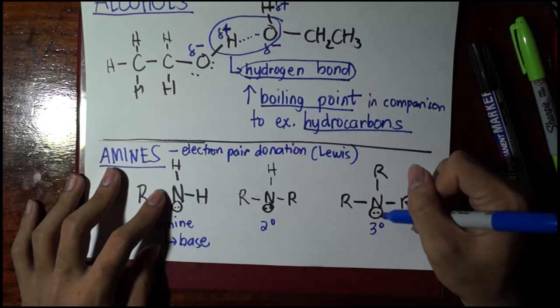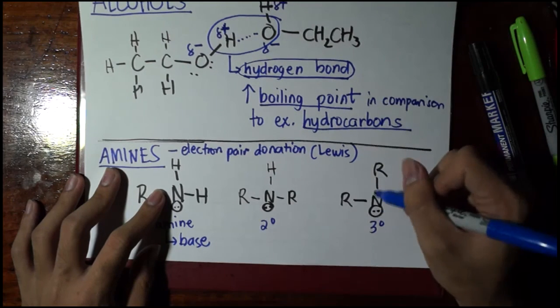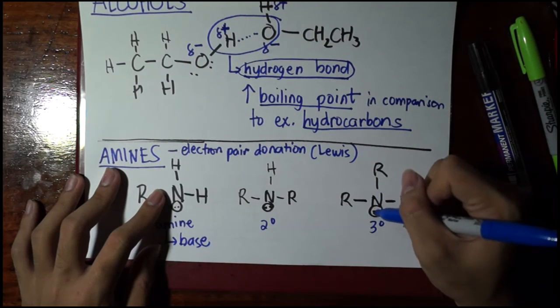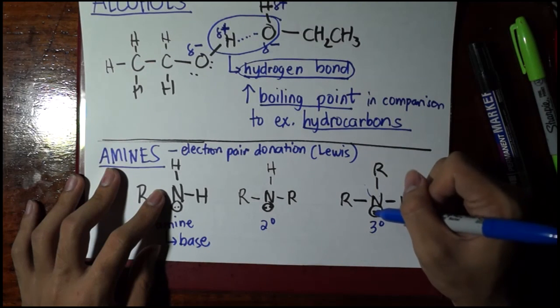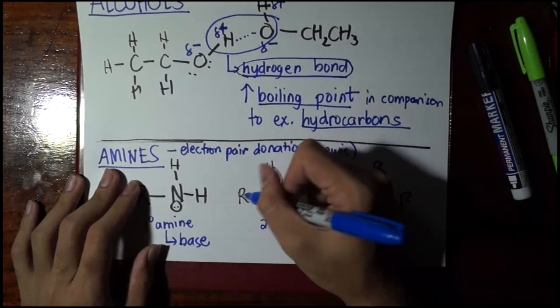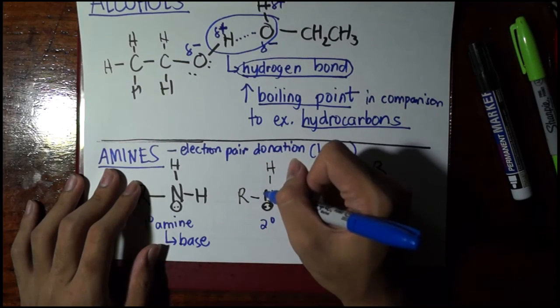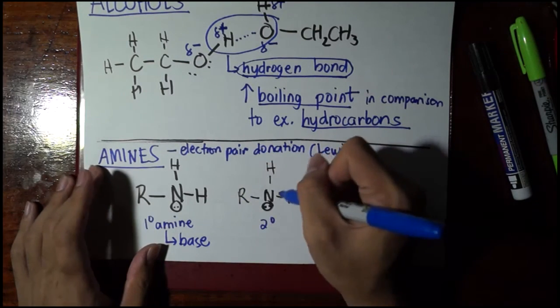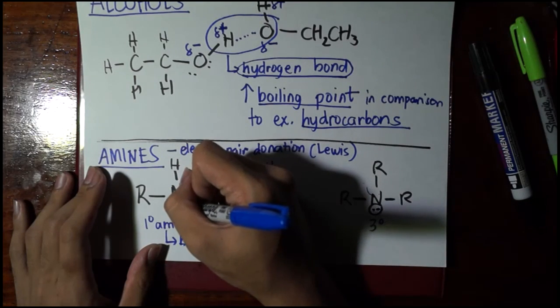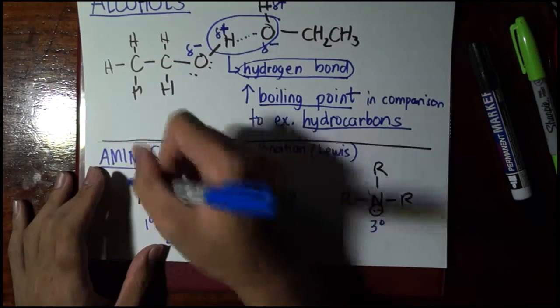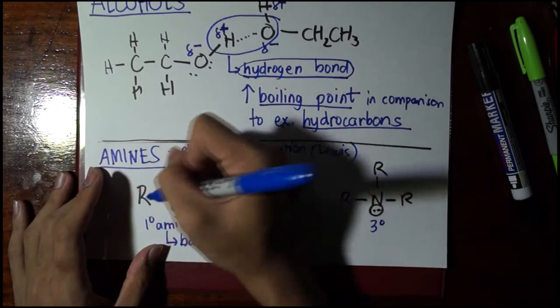It's going to be the one that gives away this electron pair, because nitrogen's like, hey, I can give out this lone pair because these R groups are giving me electrons, so I can let go of it. As compared to this one, nitrogen here is like, okay, I can give away the lone pair, I have two R groups. And here nitrogen is like, no, I can't freely give out this one as compared to the other two because only one R group is supporting me.